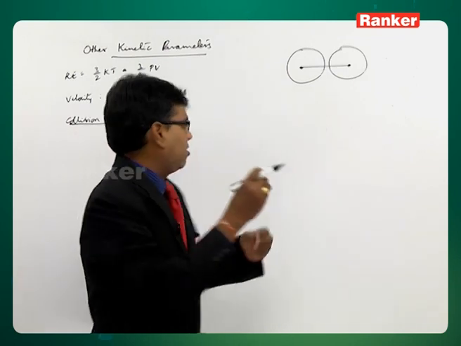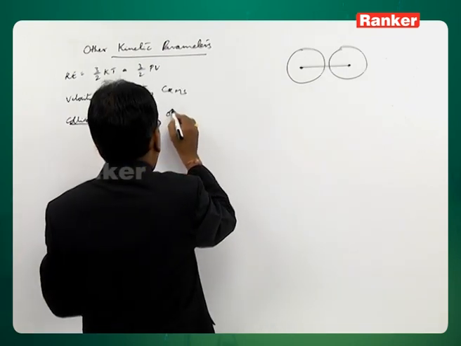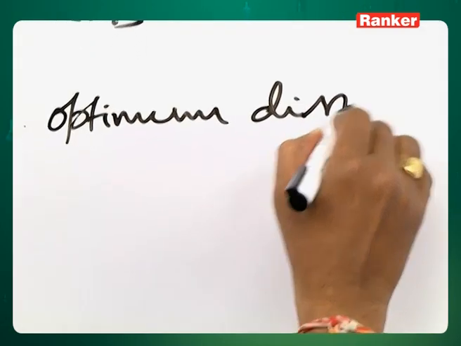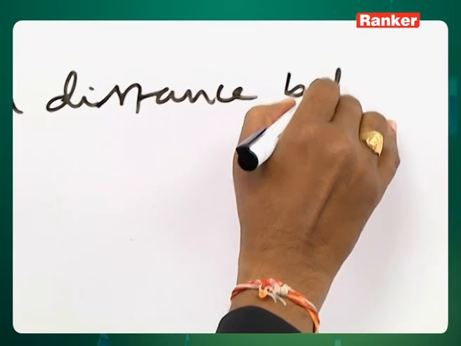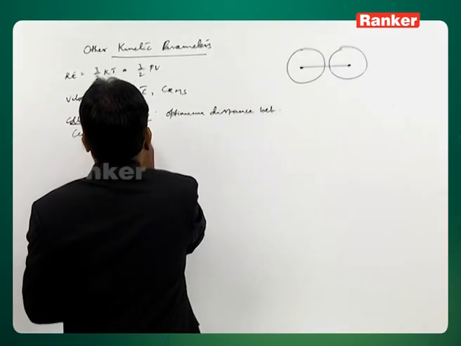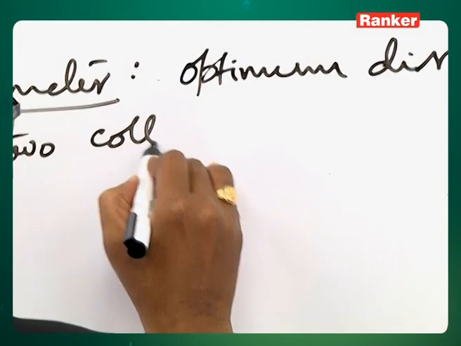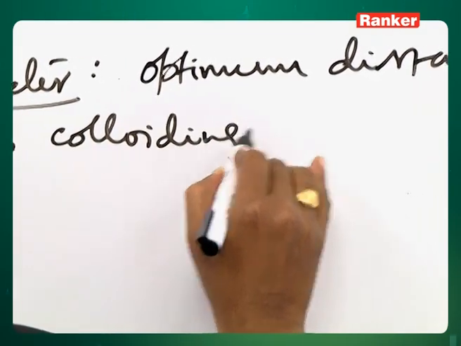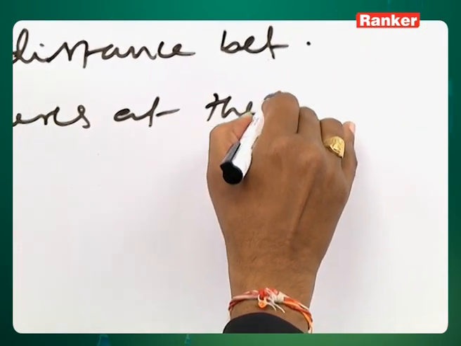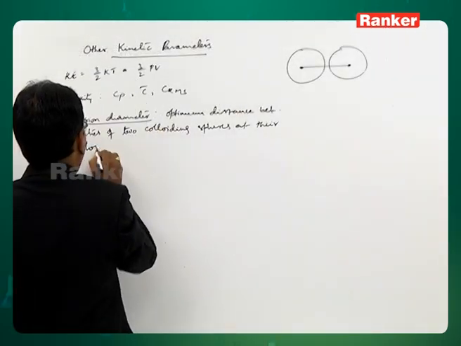This is the optimum distance between the centers of two colliding spheres at their closest approach.